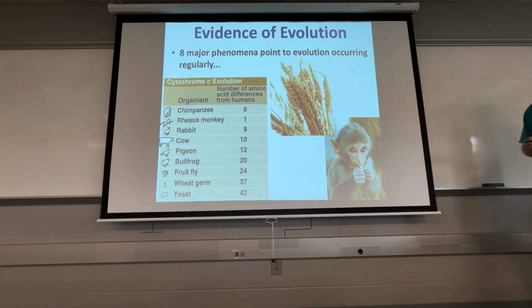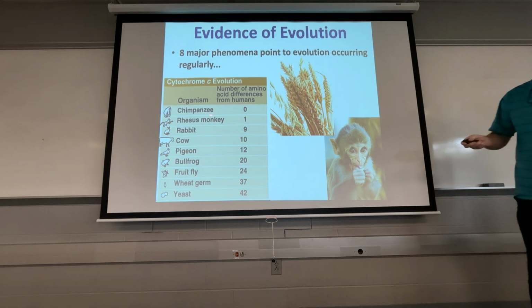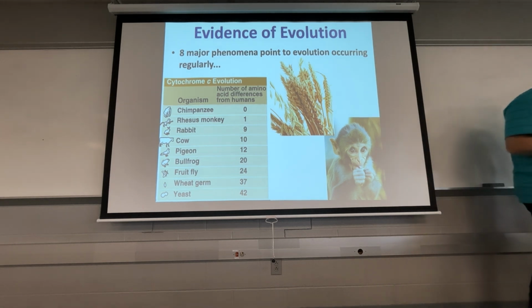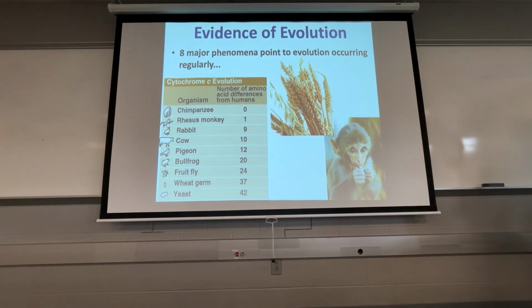So I've used a couple things here. So here's a little rhesus monkey. This is wheat, all right? And wheat germ are the seeds on top, or you can crush that into wheat germ. This is a protein here called cytochrome C. So the importance of cytochrome C, it's a mitochondrial protein. And these are all eukaryotes, right? All these animals and plants are eukaryotes or fungi. Yeast is a fungus there at the bottom.